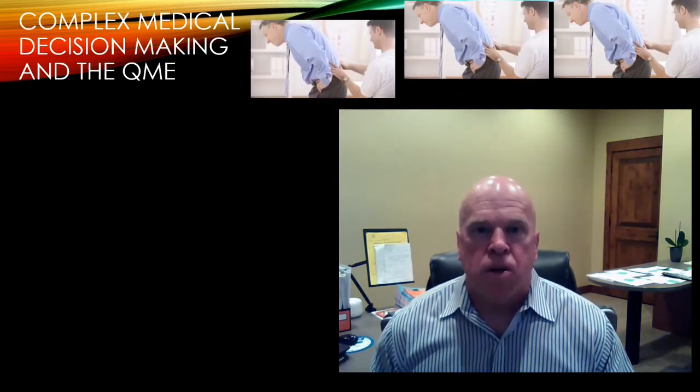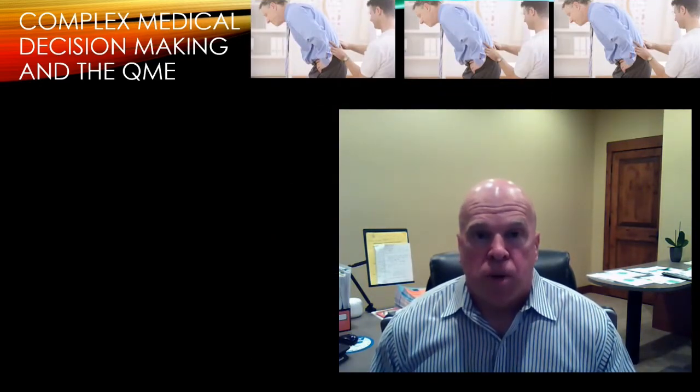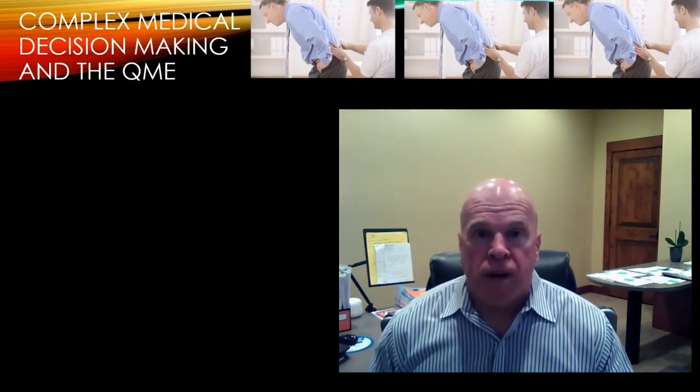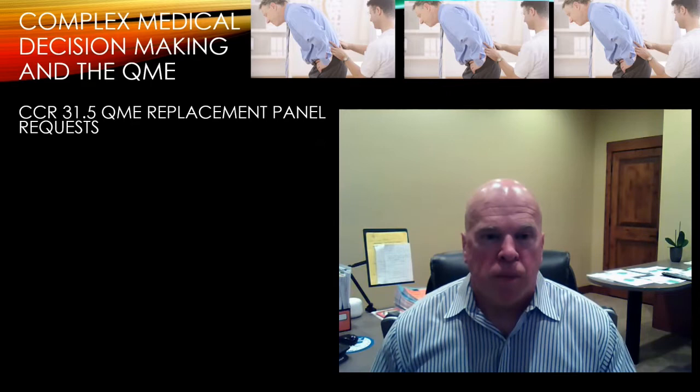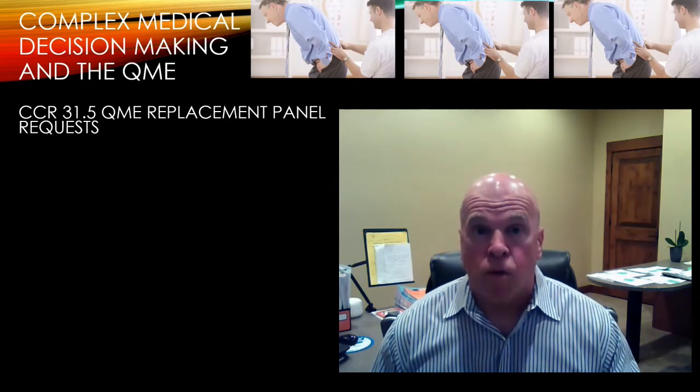So in this case, it was likely the applicant attorney who determined that the Qualified Medical Evaluator needed to be replaced, and the applicant attorney used the QME replacement panel process to replace this Qualified Medical Evaluator for failing to consider that an alternative impairment rating may be the most accurate rating for the applicant attorney's client.